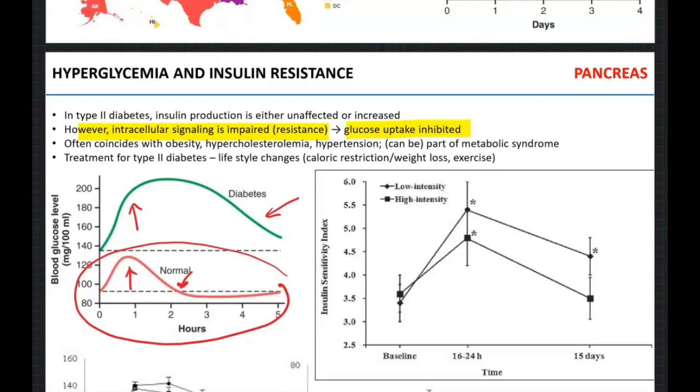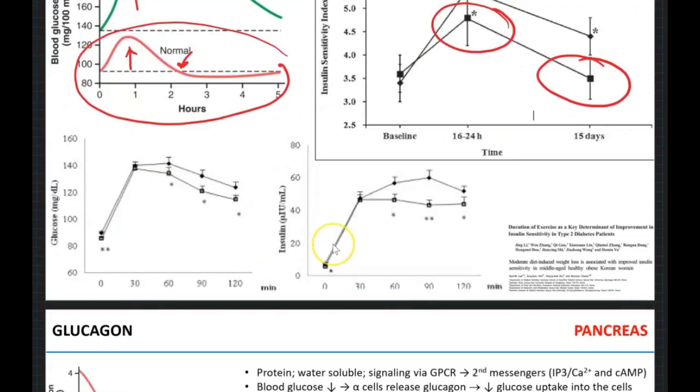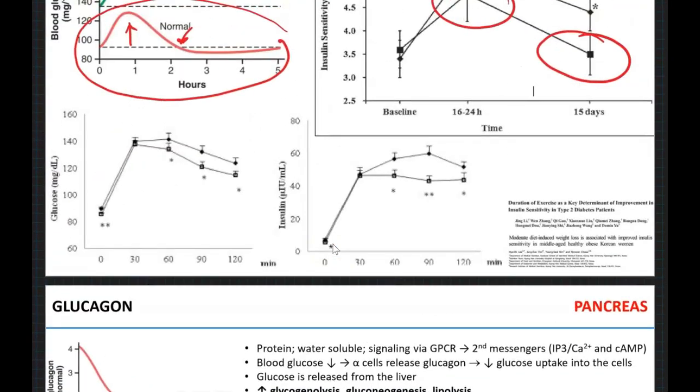And what's interesting, the whole idea of treating type 2 diabetes with insulin is like trying to extinguish fire with gas. Because as you start adding more insulin, those receptors become more and more resistant. What actually works the best is high intensity exercise. Okay?